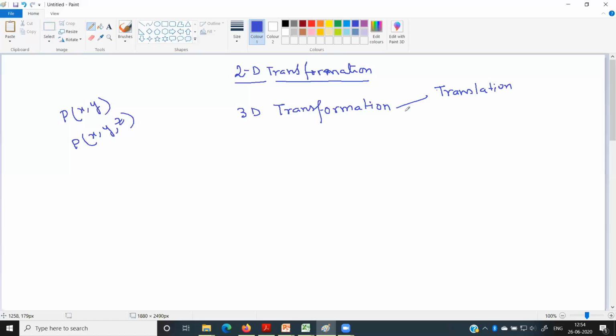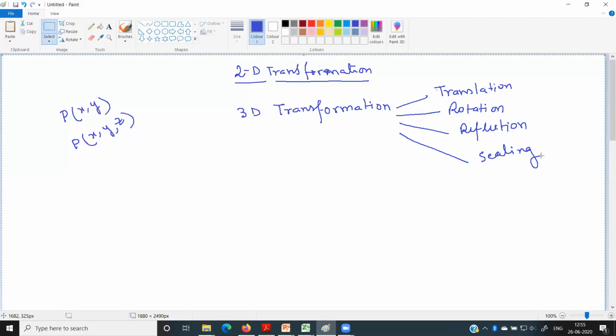The second transformation is rotation. The third transformation is reflection. And another one is scaling. So those four types of transformation we will discuss for the 3D plane. First we will discuss the translation.